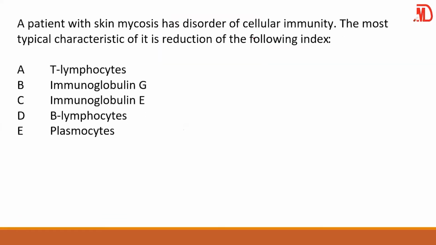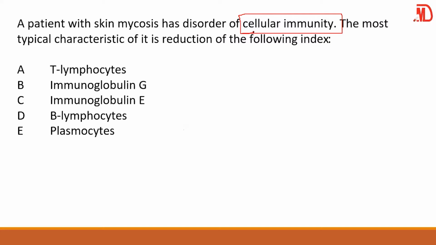A patient with skin mycosis has a disorder of cellular immunity. When we say cellular immunity, what type of hypersensitivity are we talking about? Great. We are talking about type 4. Cellular immunity.